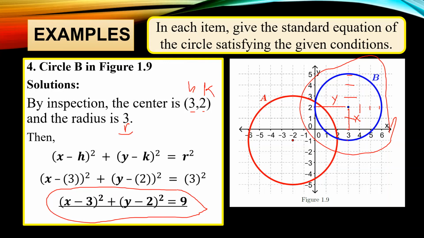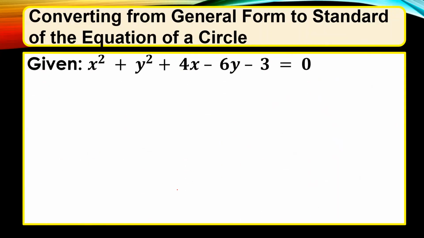Okay, so next, we have converting the general form of the equation of a circle to the standard equation of a circle. We have here the given x squared plus y squared plus 4x minus 6y minus 3 is equal to 0.